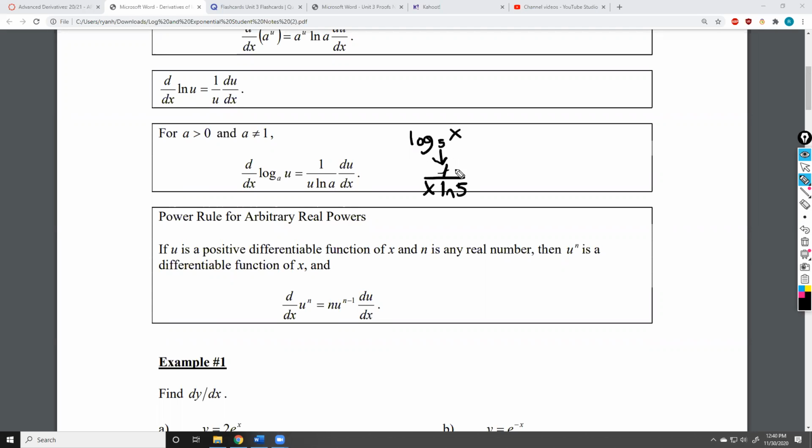So remember that the base is the number down here in our logarithm. The difference with natural log is that the base is e. So when we multiply by the natural log of the base, we end up with natural log of e, which is just 1. So this simplifies to just 1 over x.